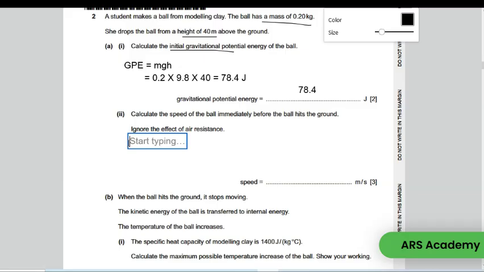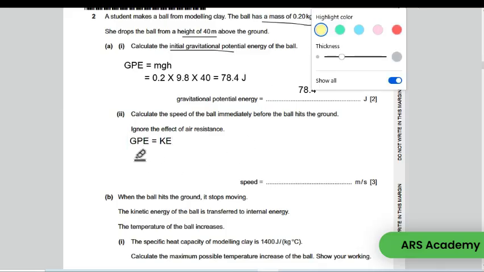Ignore the effect of air resistance. So since we are ignoring the effect of air resistance, we will consider all of the gravitational potential energy has converted to kinetic energy.